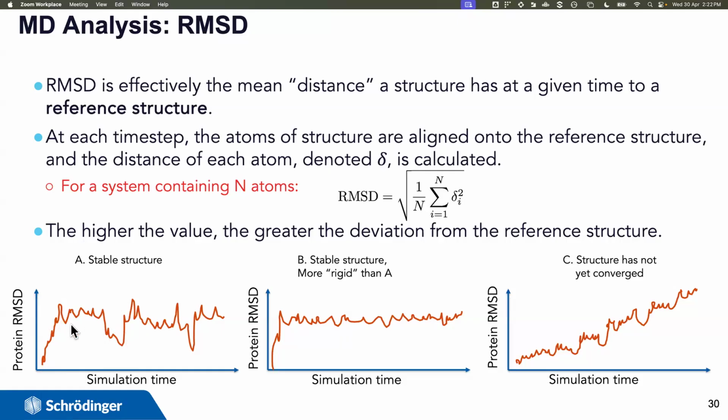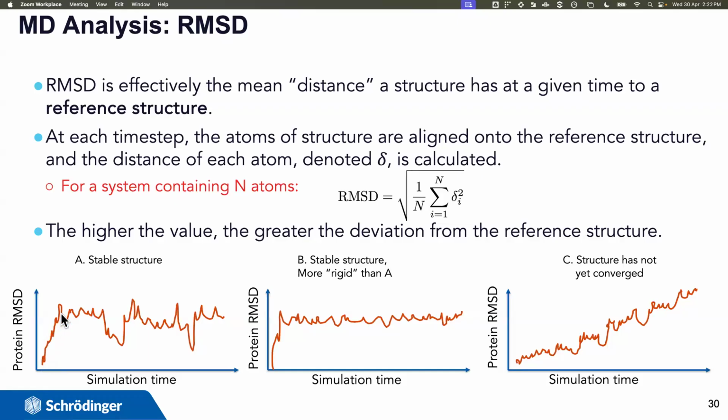And you will see a plot here, simulation time versus RMSD, which is typically in angstrom unit. Initially, from frame number 1 to frame number 2, the deviation is very small. Frame 1 to frame 3, the deviation is a little more than the previous one.